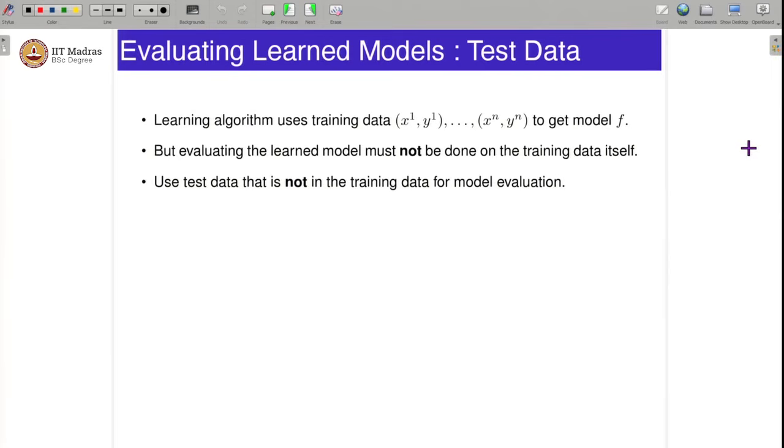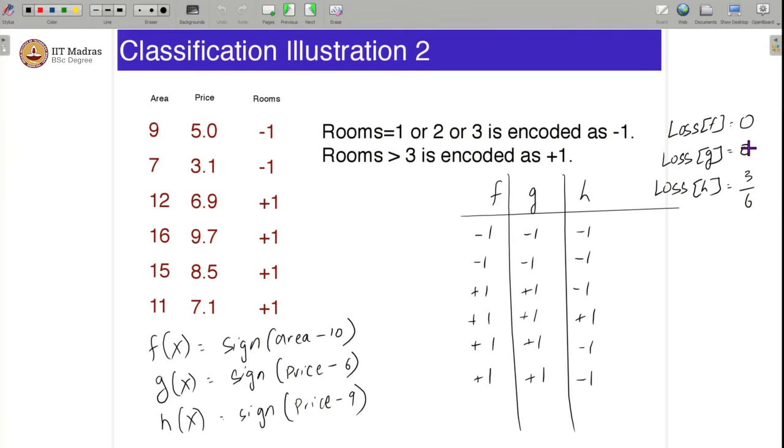Okay. So, now we will move to another part which I have slightly glossed over. You have these models, let us say you have picked model f based on the training data, or picked model g based on training data. How would you evaluate this model?